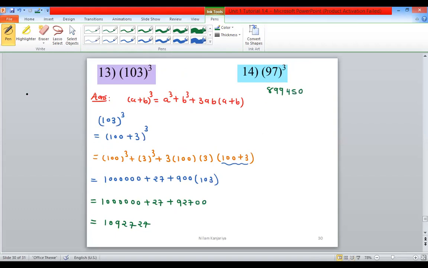No, it's not the right answer. One addition was left out. Then the answer comes 912673. Yes, repeat it. 912673. Yes, this is the right answer.